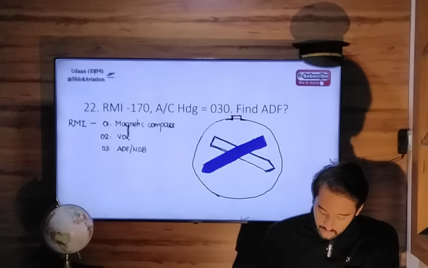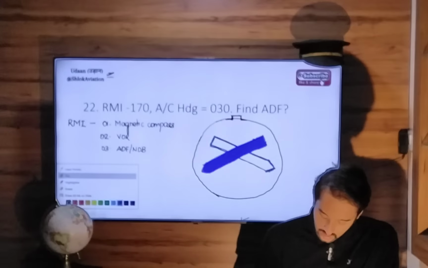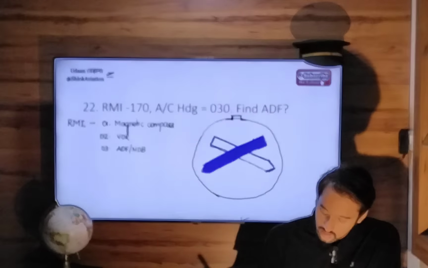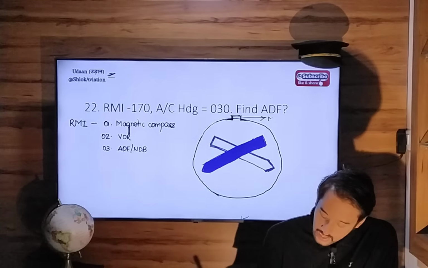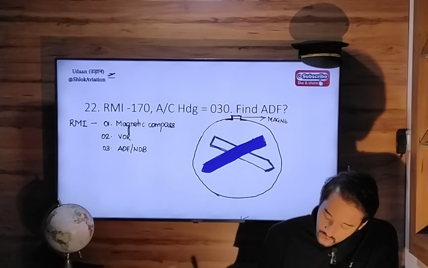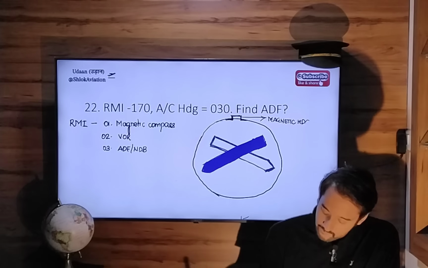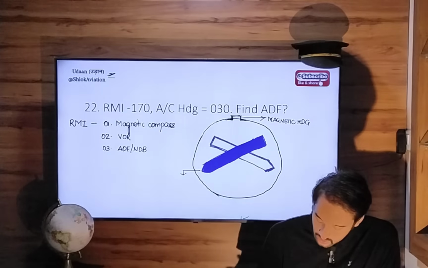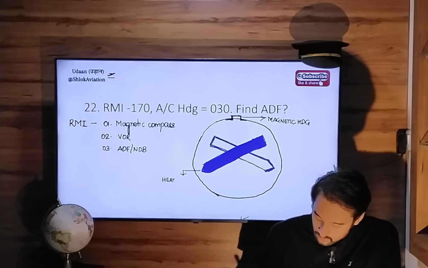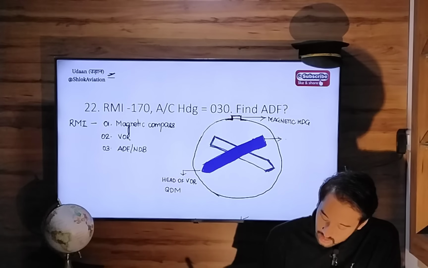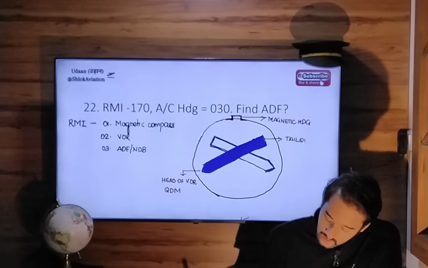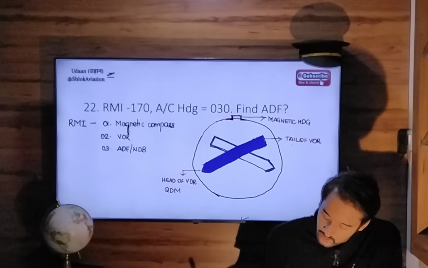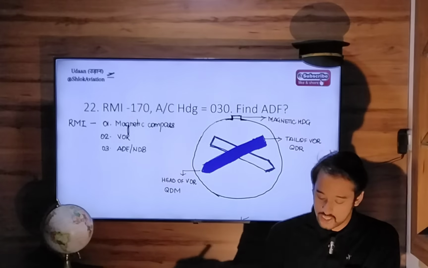Okay, so let's label this. This is where your magnetic heading is represented, your compass heading. The head of this VOR needle is your QDM. The tail of this VOR needle is your QDR from the VOR station.